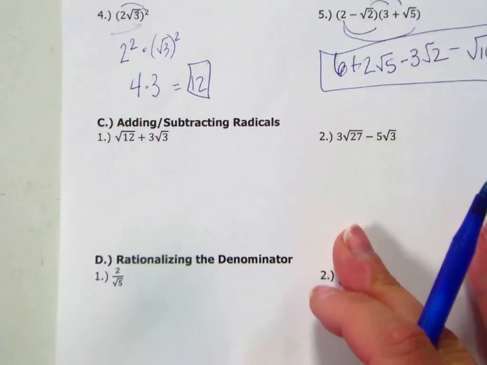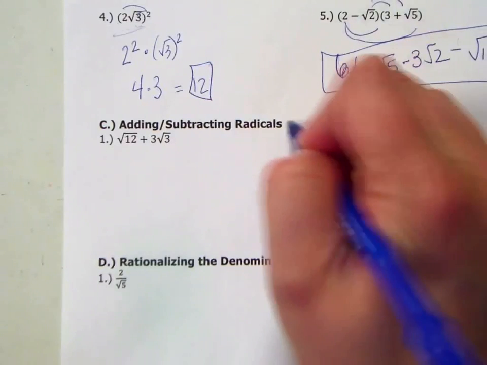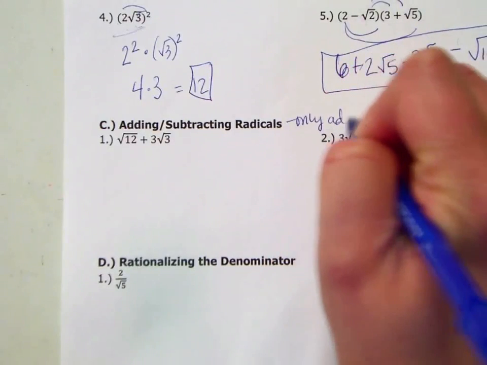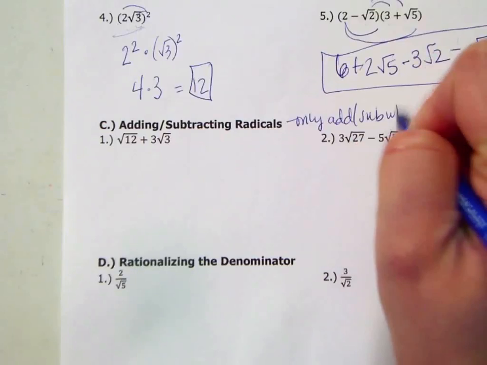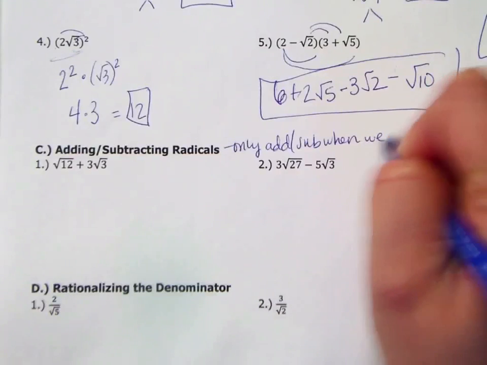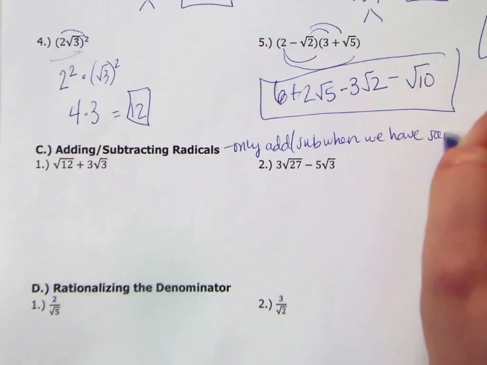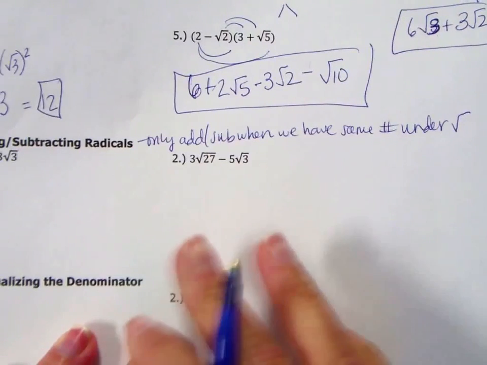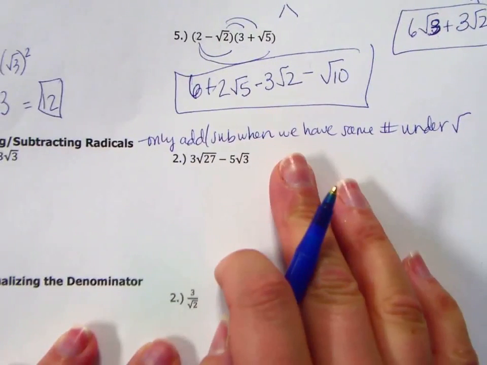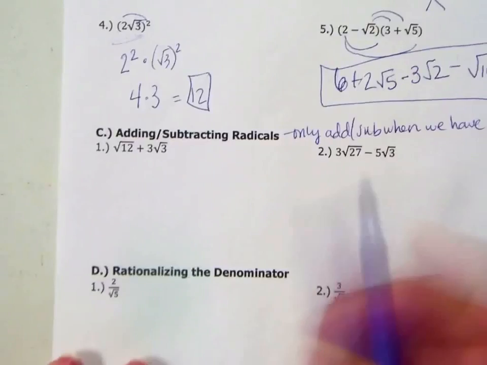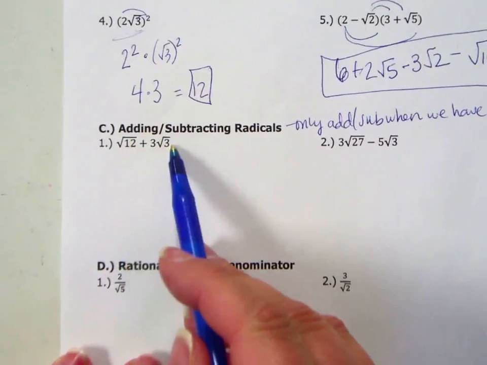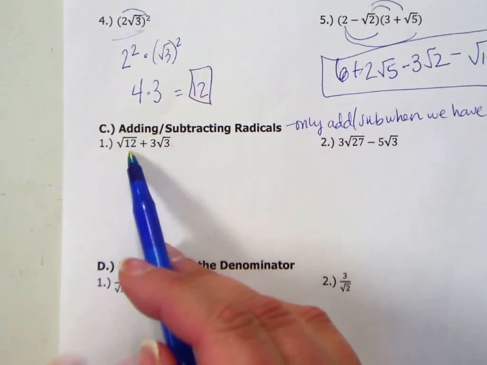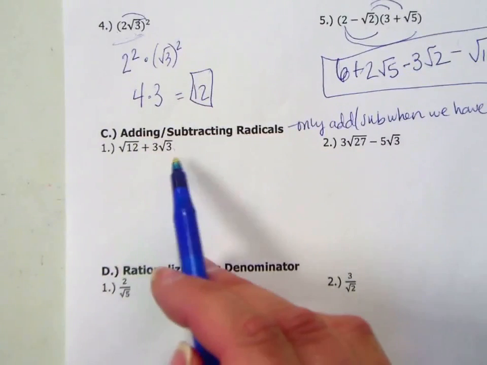When we add or subtract, again, we can only add or subtract when we have the same number under the radical. So if you look at number 1, right now we can't add these two because one has a 12 underneath, one has a 3.